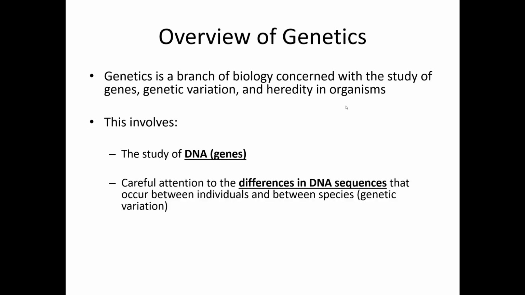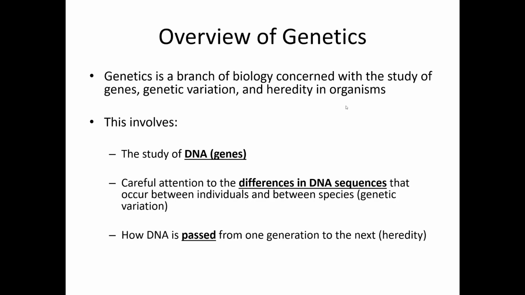Another key thing is to then compare genes from one organism to another. That could be comparing humans to other organisms that are either similar or not alike at all. Very often, you're looking at differences in DNA sequences, and those differences help account for differences in what we see at the macro level, the broad level.